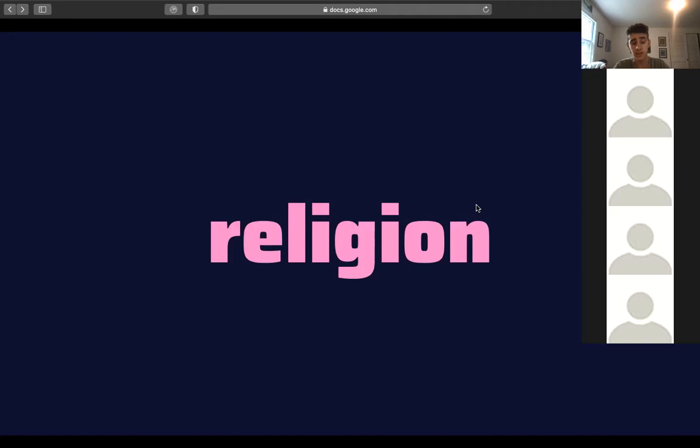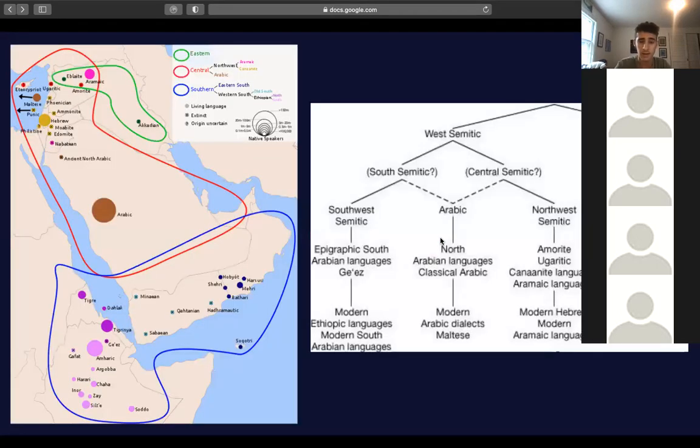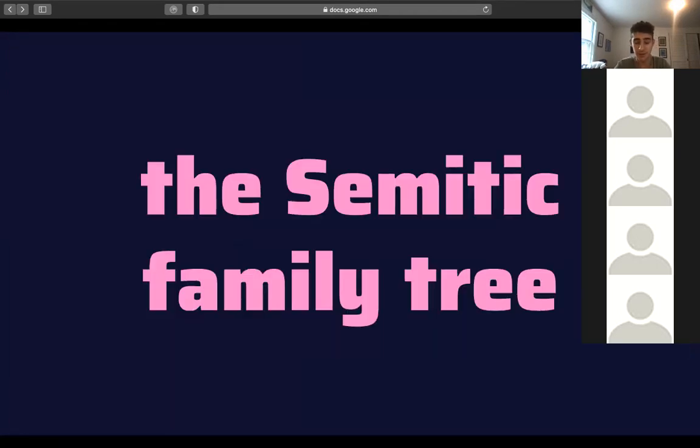And Syriac Christians speak Aramaic when praying or reading from the Syriac Bible. And this situation isn't necessarily unique to Semitic languages. For example, languages like Coptic do similar things. But it is true for this family more than any other. And so now we'll look at the Semitic family tree.